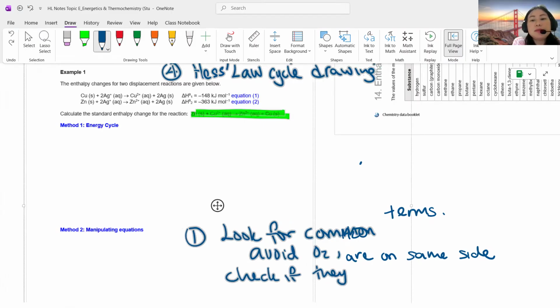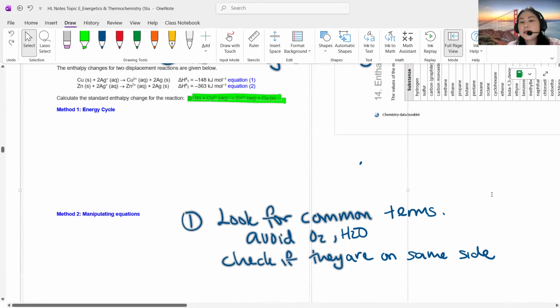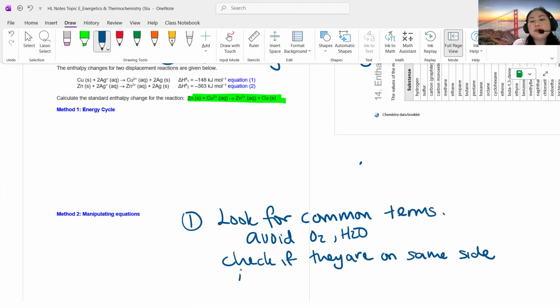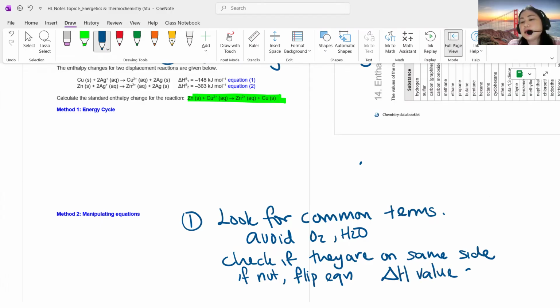So check if they are on the same side. If not, flip the equation. When you flip the equation, what happens to the delta H value? The delta H value changes sign.